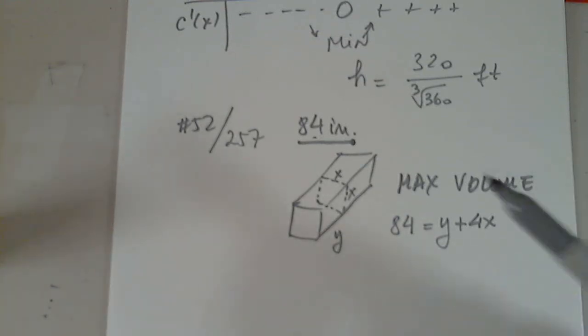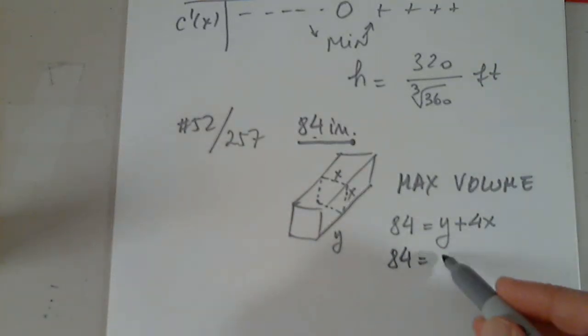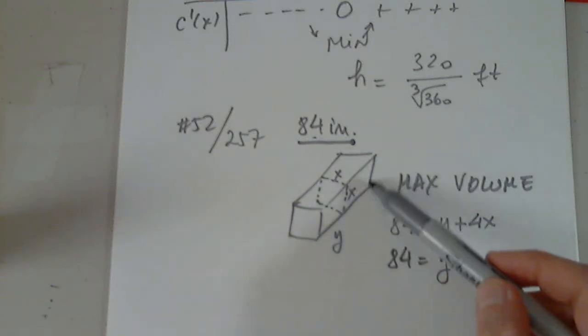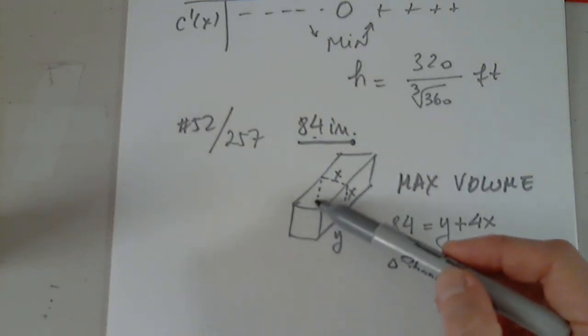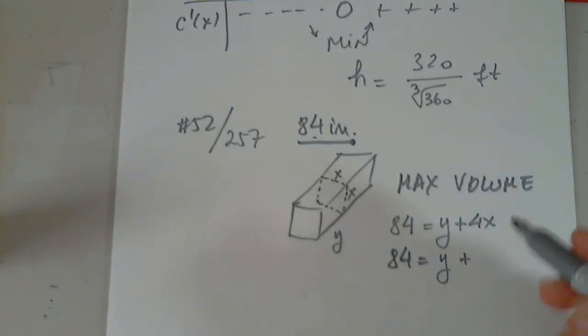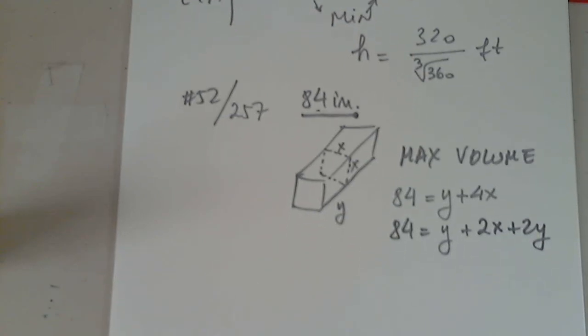So also 84 must be the length, which is y, plus the length all around, which is y plus x plus y plus x. So 2x plus 2y. So these cannot exceed 84 inches, right?